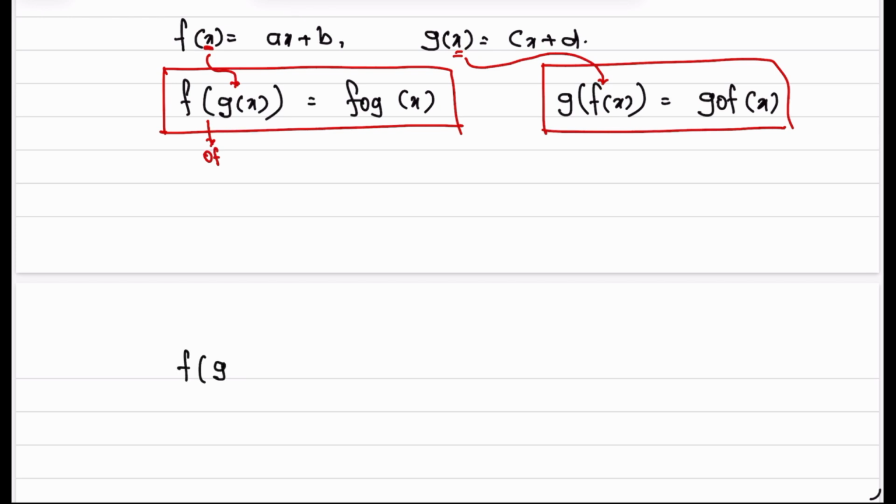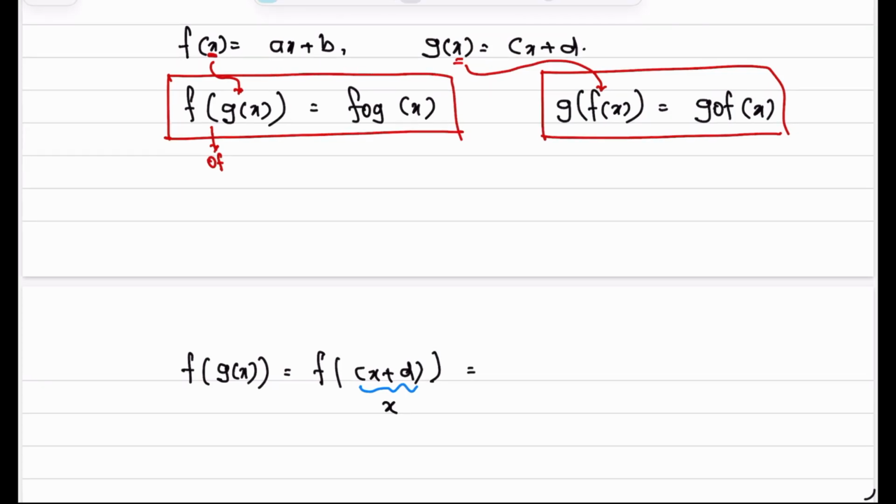F of gx is equal to f of, what is gx? Cx plus d. Are you able to follow? Gx is cx plus d. This whole is x here. This whole x is there in function x, that will be replaced by cx plus d. Now, what is function x? Ax plus b.